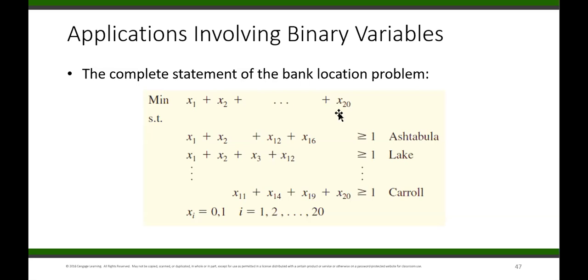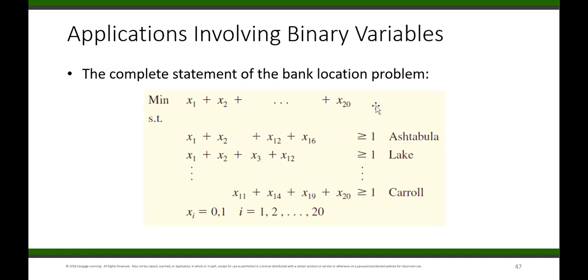Each one of these 20 decision variables can be either 0 or 1, with 1 meaning we will open a PPB there. If all of them are equal to 1, when you add them together you get 20, meaning that you will have 20. If only 10 of them are 1, it means we only open 10 facilities.